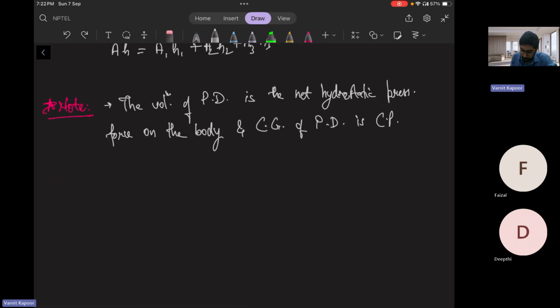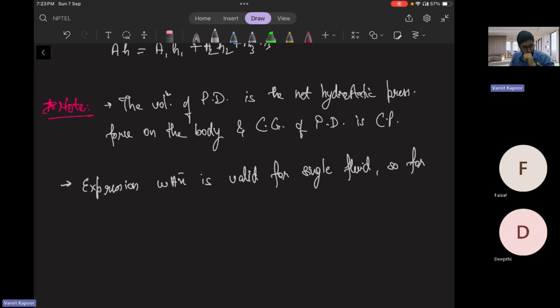Next point, expression WAX bar is valid for single fluid.